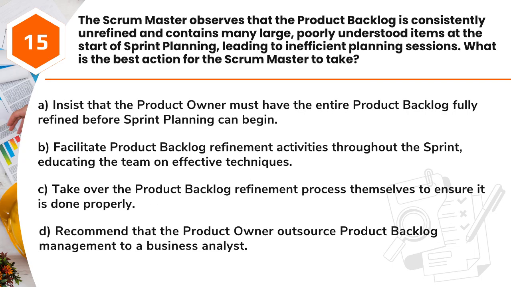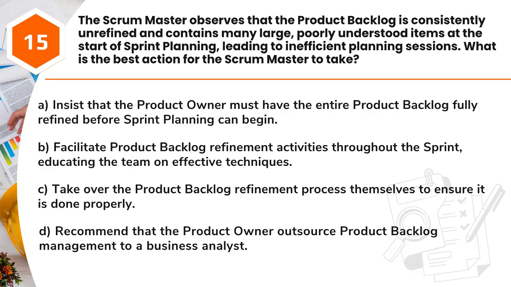Question 15. The Scrum Master observes that the product backlog is consistently unrefined and contains many large, poorly understood items at the start of sprint planning, leading to inefficient planning sessions. What is the best action for the Scrum Master to take? A. Insist that the product owner must have the entire product backlog fully refined before sprint planning can begin.